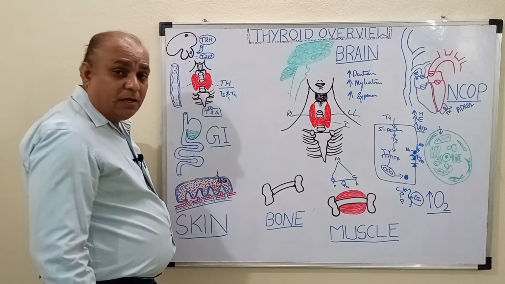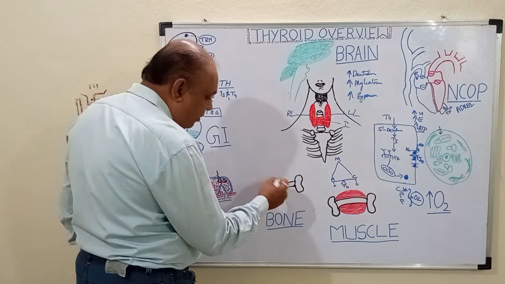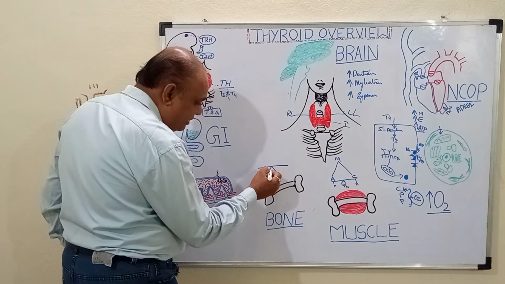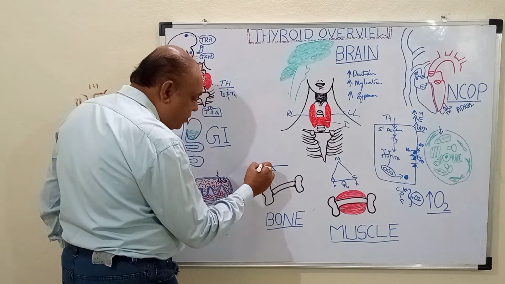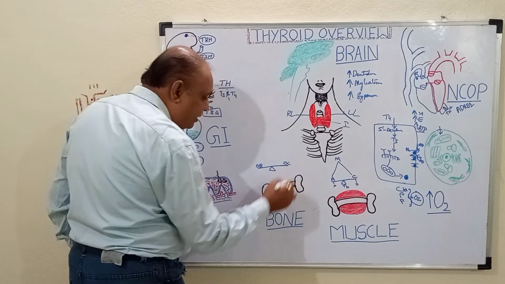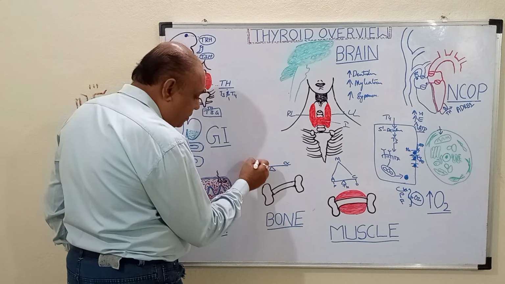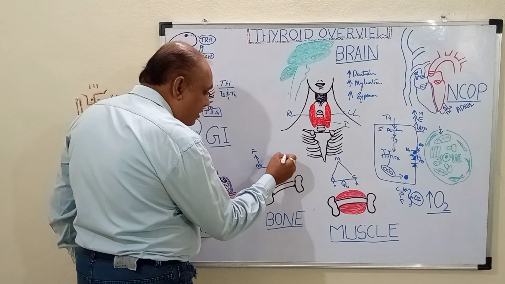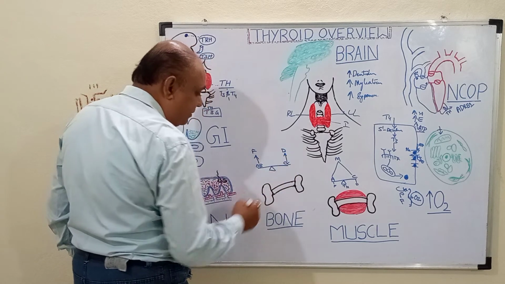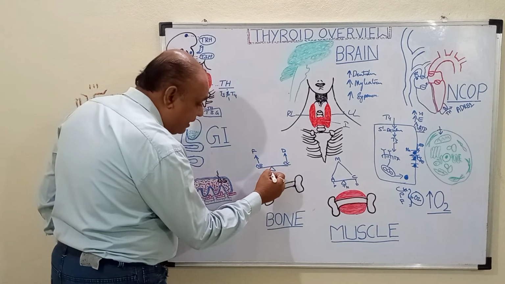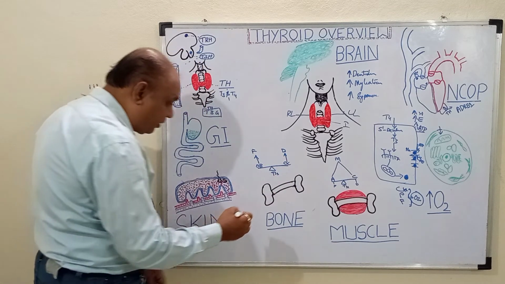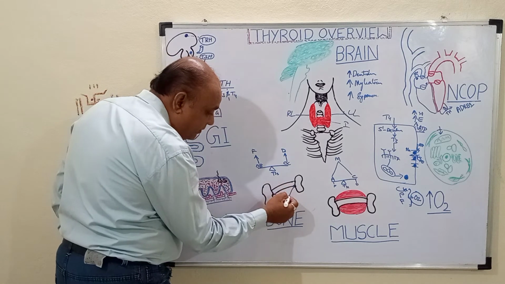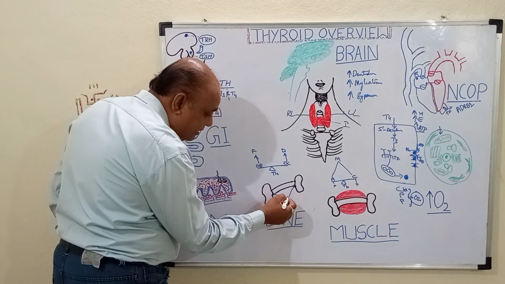In bone growth and maturation, thyroid hormone maintains the balance between osteoblast and osteoclast, where the osteoblast is for formation and osteoclast is for breakdown. Apart from this, the thyroid hormone also acts on epiphyseal plates.